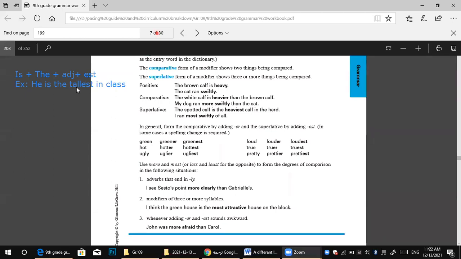For the long adjective, we use most. That's is plus the most plus adjective.